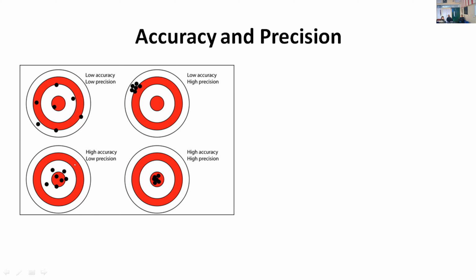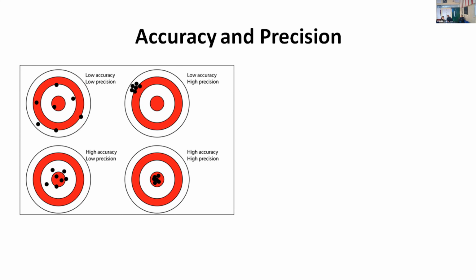In this third case, the hits have high accuracy to the bullseye, but low precision. Why low precision? Because the closeness of repeatability is very far. In that case, this has high precision. Then in this first case, it has low accuracy and low precision. And this fourth one, we all know that it has high accuracy and high precision.